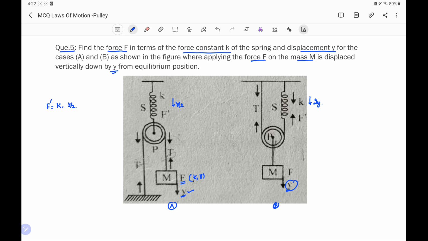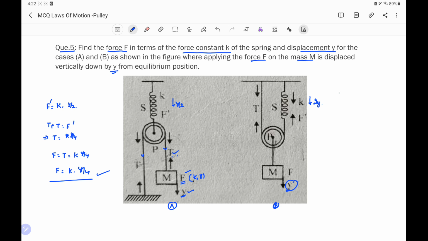And because tensions in the string are shown as T, T plus T will be equal to F dash in equilibrium. That means tension will be equal to Ky by 4. And this tension is balanced by the force F. So we can say F equal to tension, that is equal to Ky by 4. Finally, we can write that F equal to K into Y by 4. This is the first case.